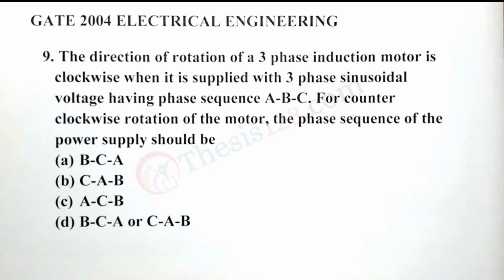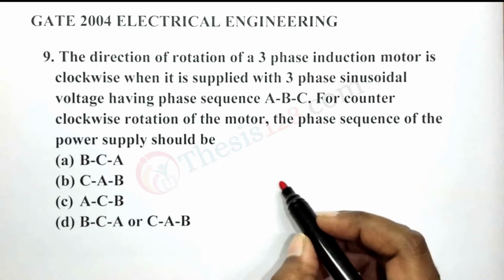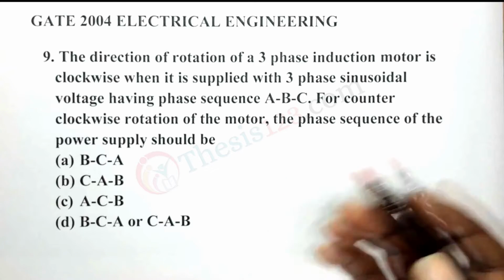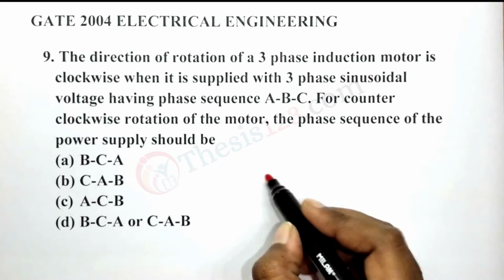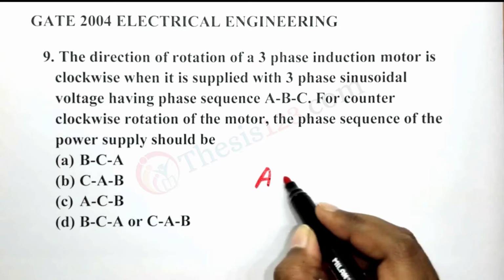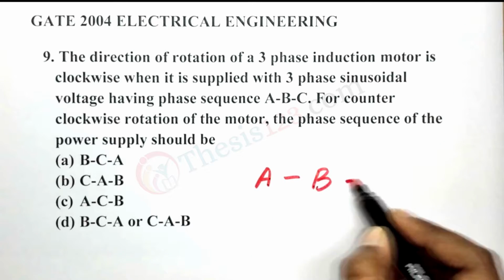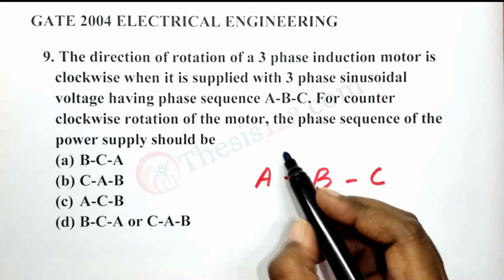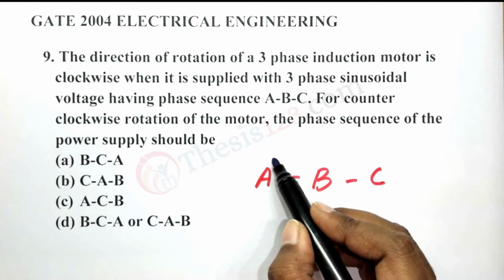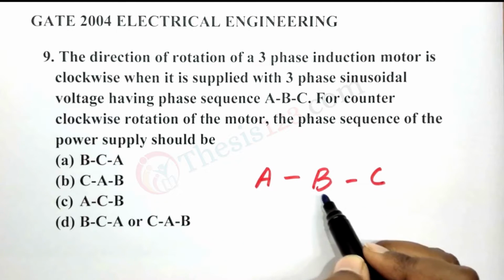Okay. So in order to get counterclockwise rotation, to reverse the direction, any two phases can be interchanged. For clockwise direction, we have the sequence A, B, C. So AB can be interchanged, or BC can be interchanged.